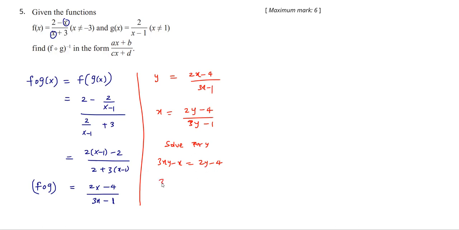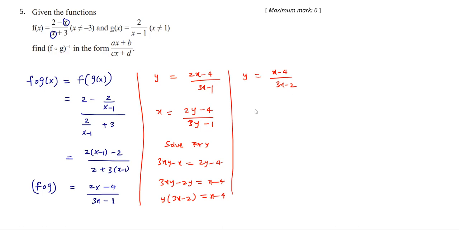Therefore, this one come here. 3xy minus 2y is equal to x minus 4. Taking y common from this, 3x minus 2 is equal to x minus 4. Now dividing with 3x minus 2 on both sides, y is equal to x minus 4 upon 3x minus 2. Okay. So x minus 4 upon 3x minus 2.